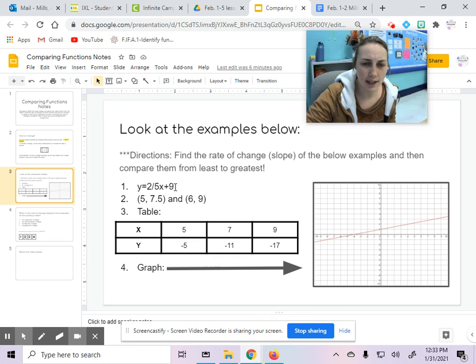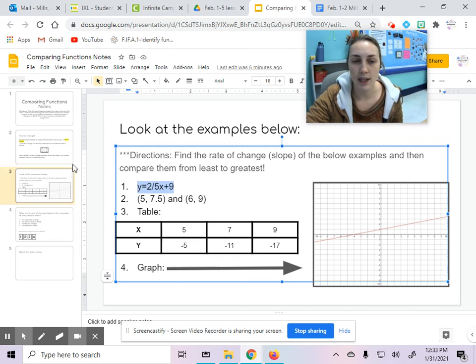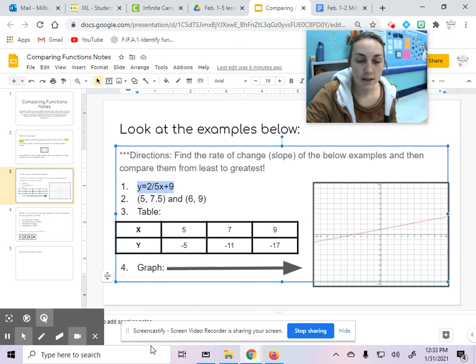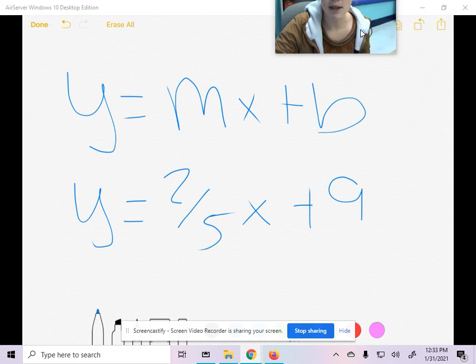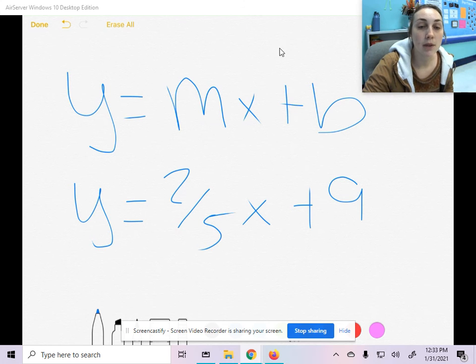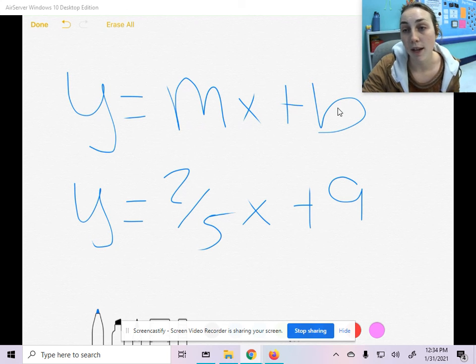First, we need to find the slope or the rate of change of number 1, which is this equation. I'm going to write something down real quick. y equals 6x plus 9. If you remember slope-intercept form, it's y equals mx plus b. When you have y equals mx plus b, m is always your slope and b is always your y-intercept.